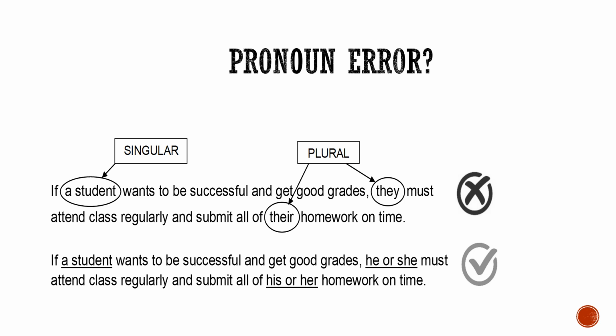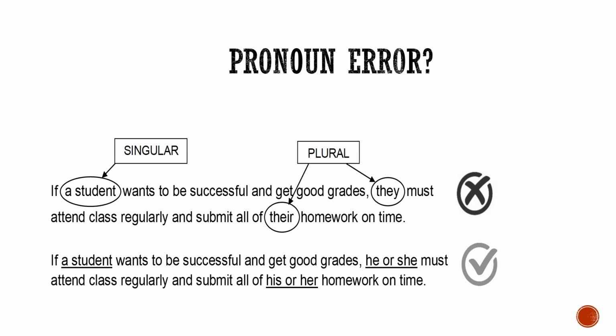In that case, we would have to rewrite the sentence and make it, if a student wants to be successful and get good grades, he or she must attend class regularly and submit all of his or her homework on time. Other people, like me, if I don't know how else to change something, I usually completely change it and write it in a completely different way.